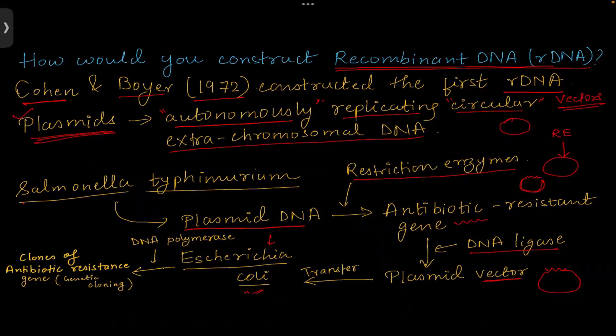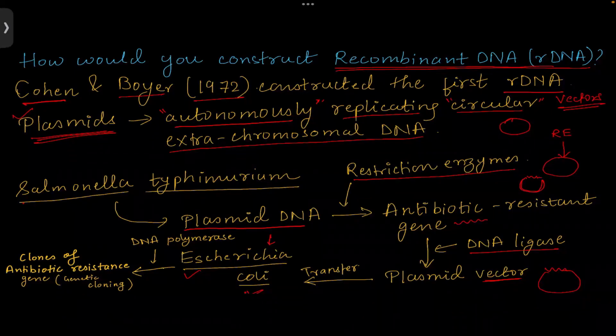So in presence of the host's DNA polymerase enzyme, this plasmid vector can be cloned, meaning it can be multiplied into multiple plasmid vectors, or multiple copies of recombinant DNA can be made possible within the host Escherichia coli.